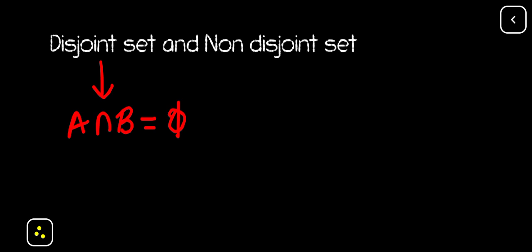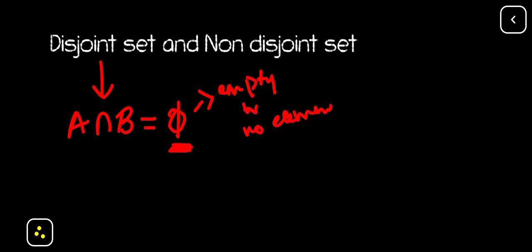We already learned before that intersection means common elements, right? And when I was explaining empty sets, I said something about no element.